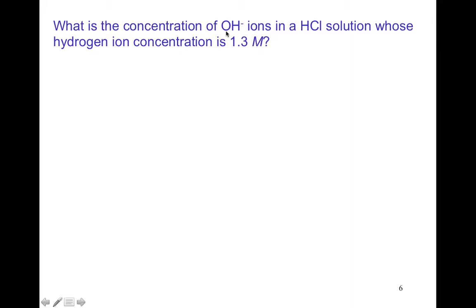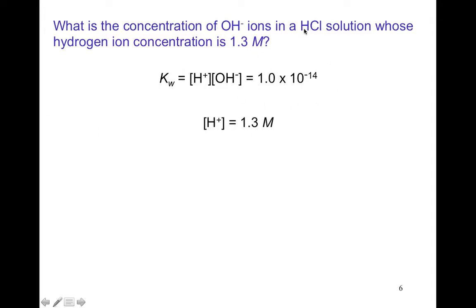What's the concentration of OH minus ions in an HCl solution if the hydrogen ion concentration is 1.3 molar? Hydrochloric acid is a pretty strong acid. So saying that we have 1.3 molar HCl is kind of like saying we have 1.3 molar hydrogen ions in solution. And so we know that the hydrogen ions multiplied by the OH ions are 1.0 times 10 to the negative 14.